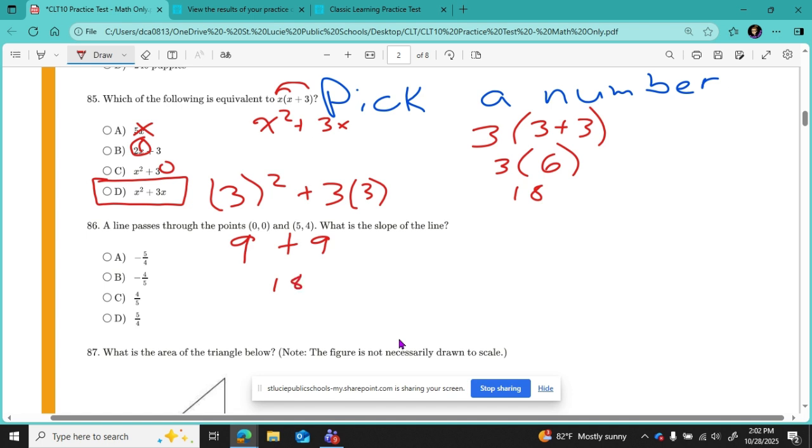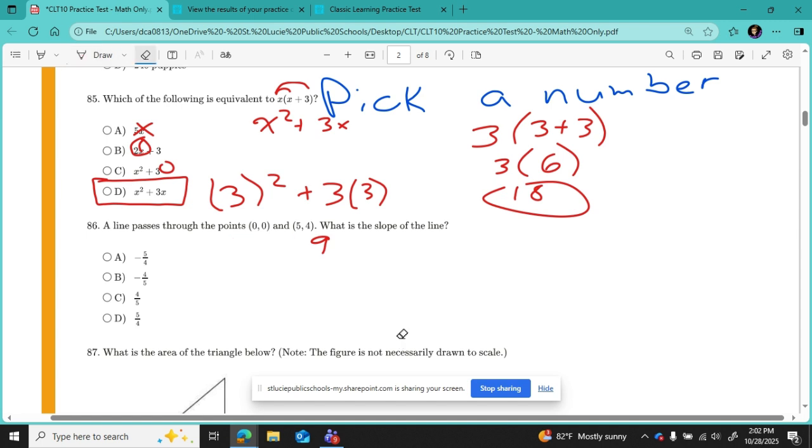Using the pick a number strategy, we proved that these are equivalent expressions because when we plug in a number for x, as long as it's the same number, we get back the same number.